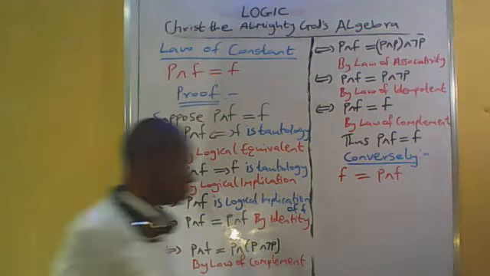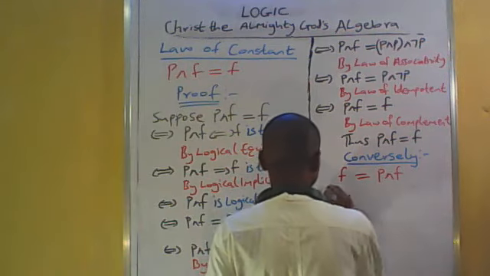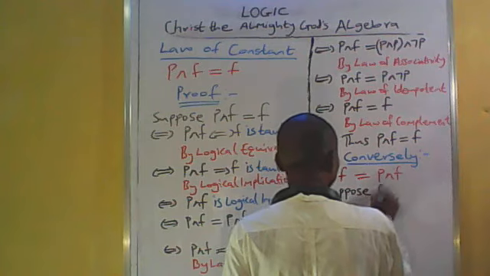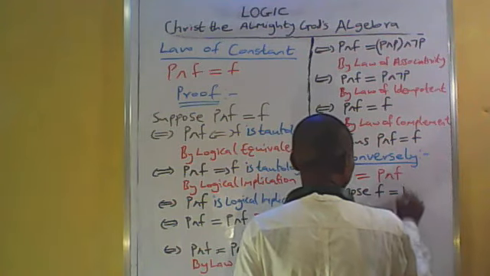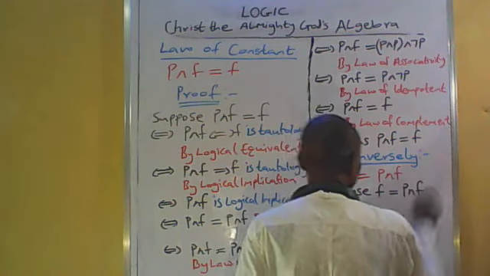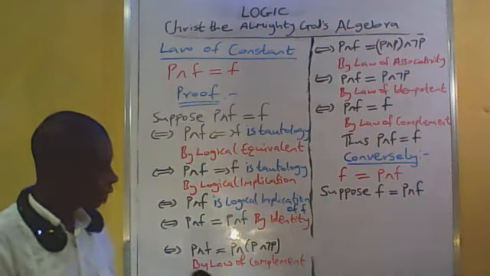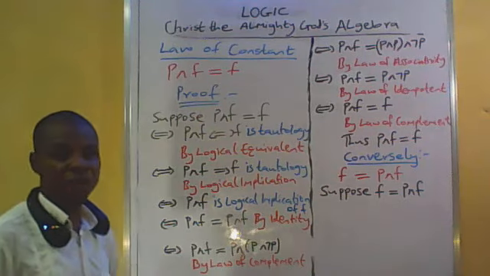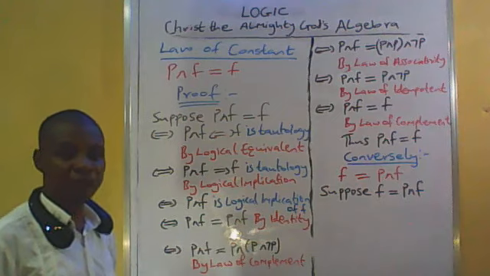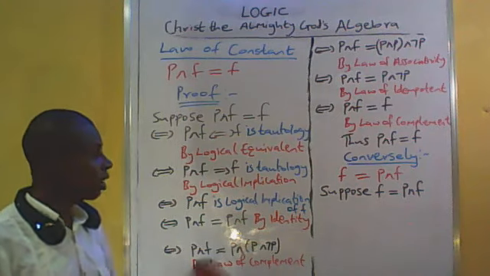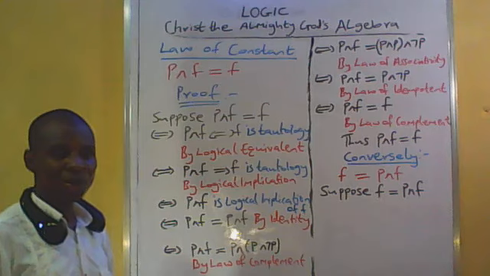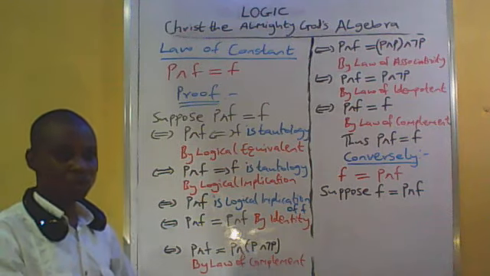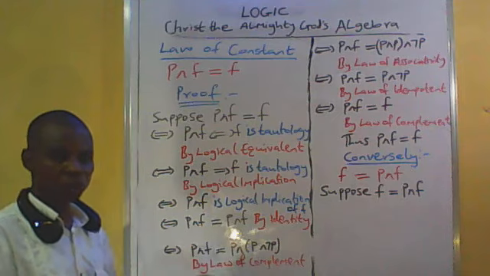So suppose F is equal to P and F. And we know that this statement F equal to P and F is logically equivalent, because whenever the left hand side is true, the right hand side is also true. Whenever the right hand side is false, the left hand side is also false.